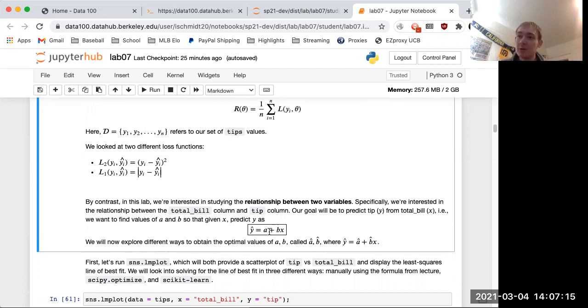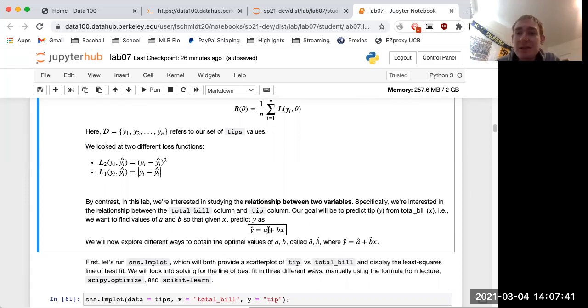Here we're actually saying, I'm going to incorporate total bill. I'm going to incorporate some sort of x value, so maybe that will help out my prediction. I'll get better predictions. I don't just want to predict the same tip for all tips. That doesn't make much sense. Maybe I know that total bill has some influence on tips, so I want to incorporate that and make a better prediction of tip.